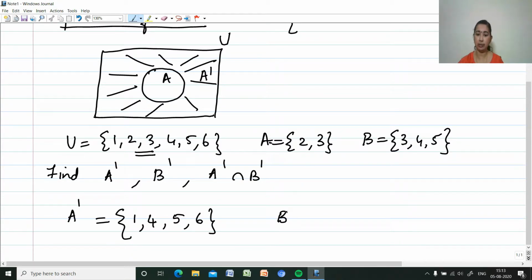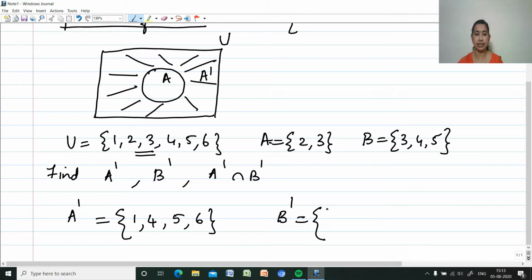What is B complement? The elements of the universal set which are not elements of B. That is, it is an element of U, but it should not be an element of B. So for B complement we have to avoid 3, 4 and 5, because they are elements of set B also.